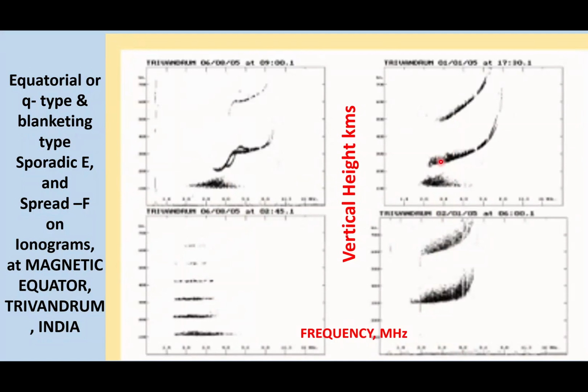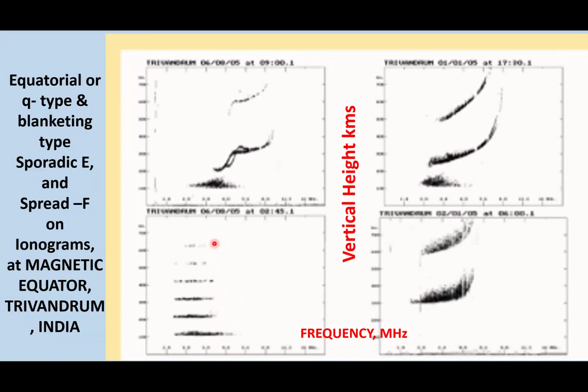That means all the frequencies which should normally be reflected from the F region are getting blanketed or obstructed by the ionospheric irregularities at the E region. And it's so strong that you get multiple echoes of that. So that is a very, very strong case of blanketing sporadic E.